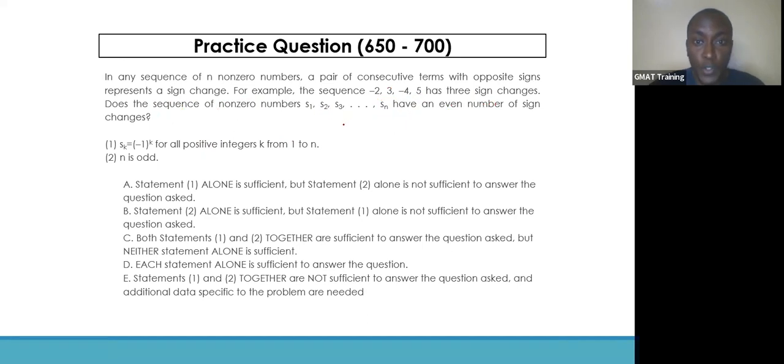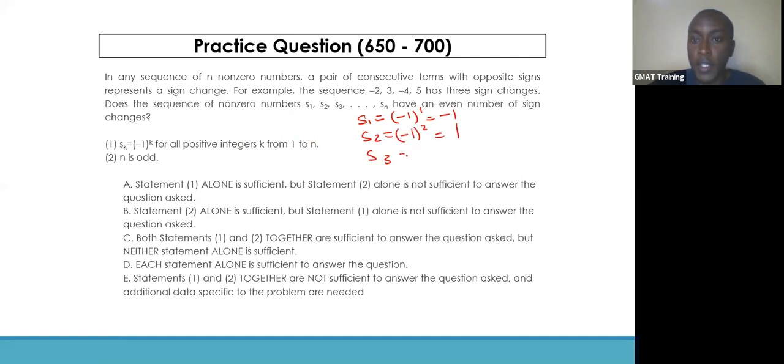Here's a right way to approach this question. Statement 1: Sk equals -1 to the power k for all positive integers k from 1 to n. Now, let's take different sequences. We'll have the first sequence with 3 entries. S1 is -1 to the power 1, this is -1. Then we have S2 as -1 squared, this is 1.